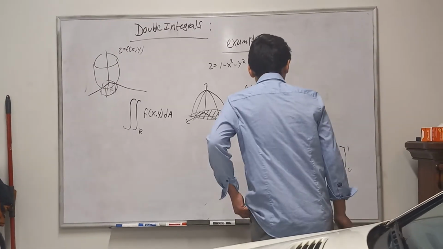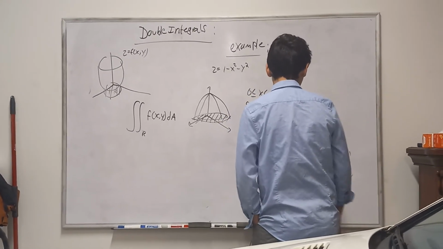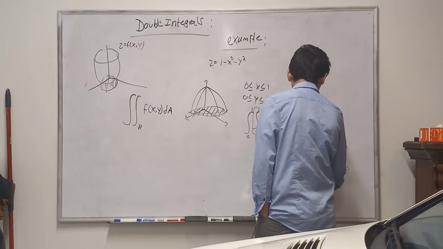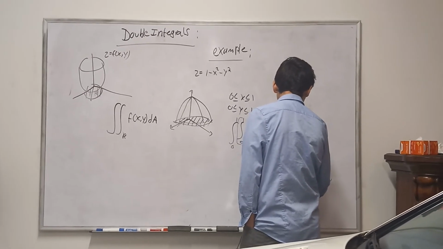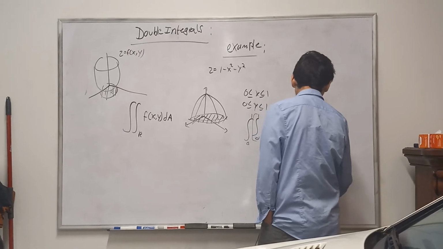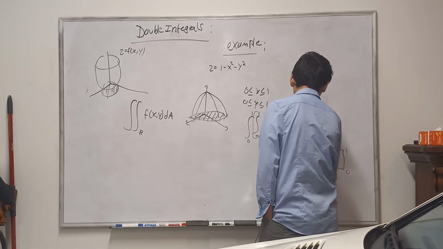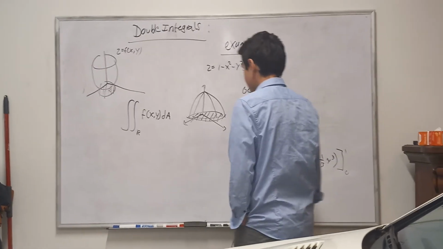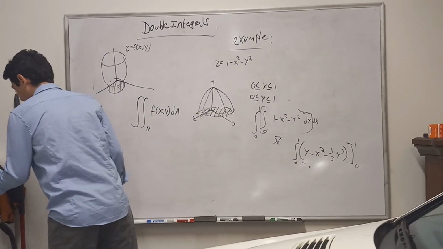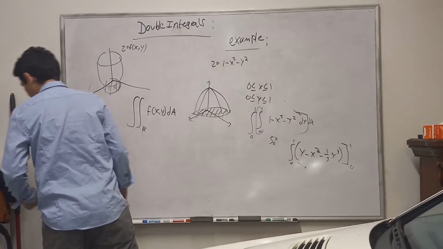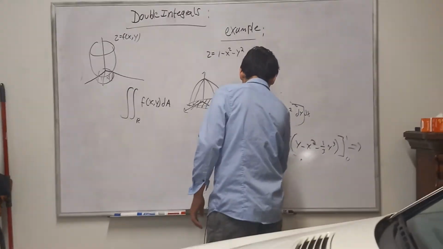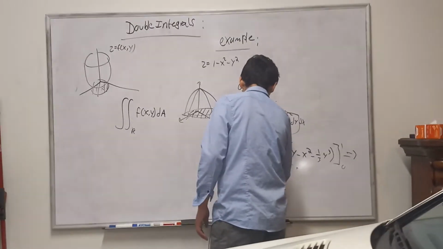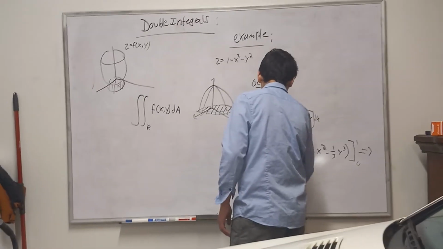That is 1 minus 1/3, which gives 2/3. So we get 2/3 minus x squared.